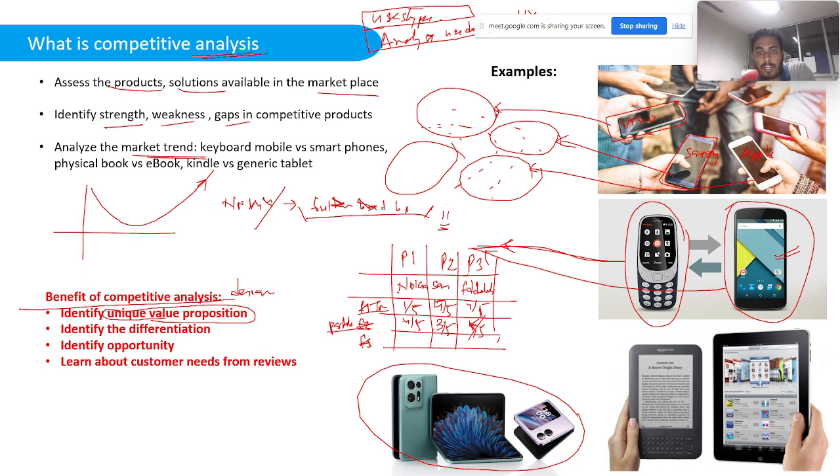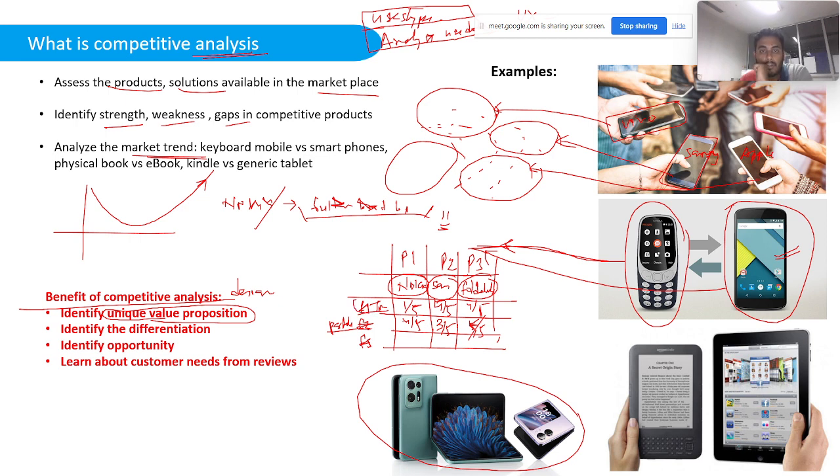So likewise, when we compare different products and companies, we understand what is the strength or weakness of a particular product, and based on that we can select what we can improve, what we can keep constant and what we can decline. For example, here we can see Nokia phones have their limitation in terms of touch sensitivity.